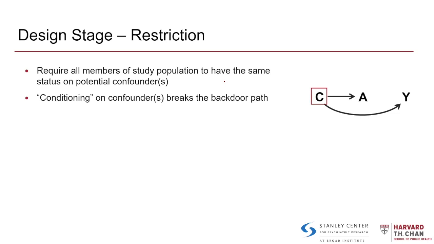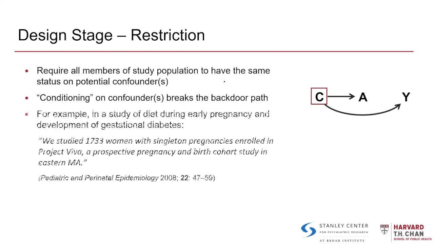This would be conditioning. So remember, conditioning on confounders breaks the backdoor path. This is most useful when most potential subjects have the same status on potential confounders. So you can't necessarily apply it to everything.